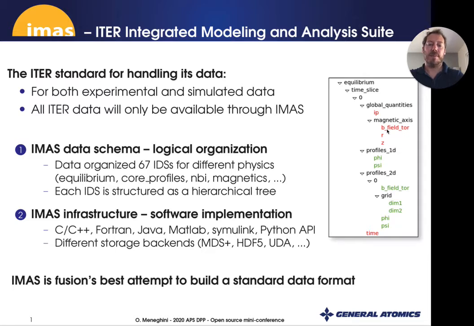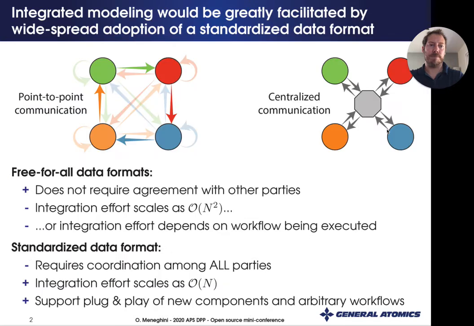IMAS provides APIs for several languages like C, Fortran, Java, MATLAB, Simulink, and Python. And it stores data in different ways. These are called backends. You can store data to MDS+, HDF5, UDA, and so on and so forth. In short, IMAS can be thought of as fusion's best and most comprehensive attempt to build a standard data format.